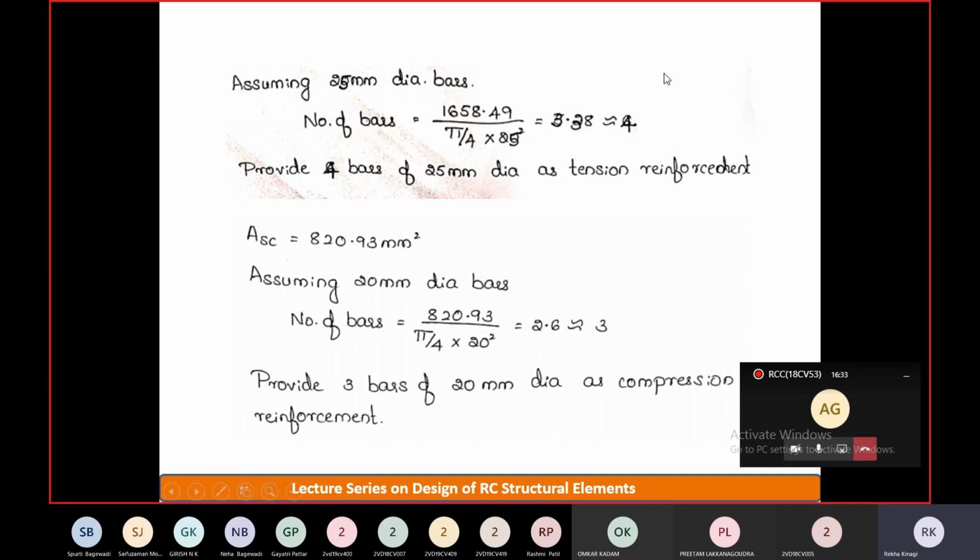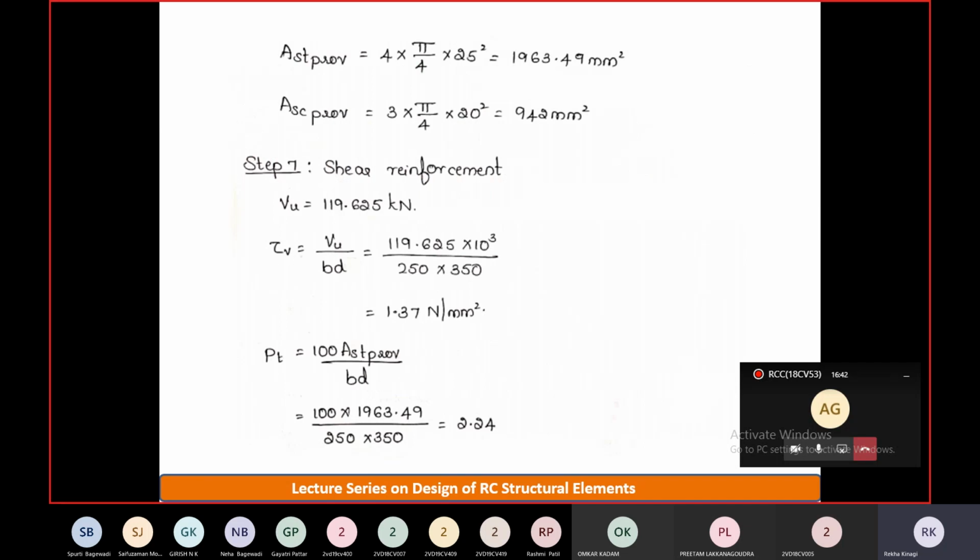So we provide 4 bars. Since we are providing 4 bars, we need to find out what reinforcement we are providing. So Ast provided is equal to 4 times the cross-sectional area of one bar, which gives us 1963.49 mm square.